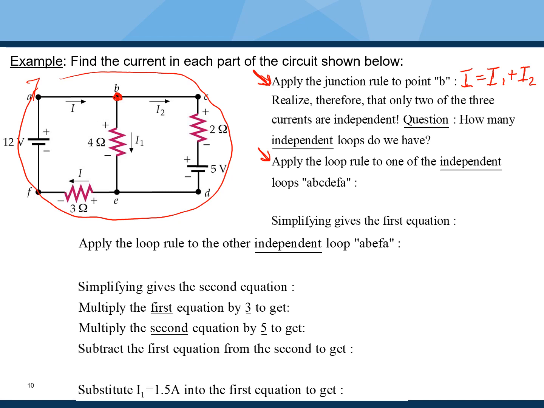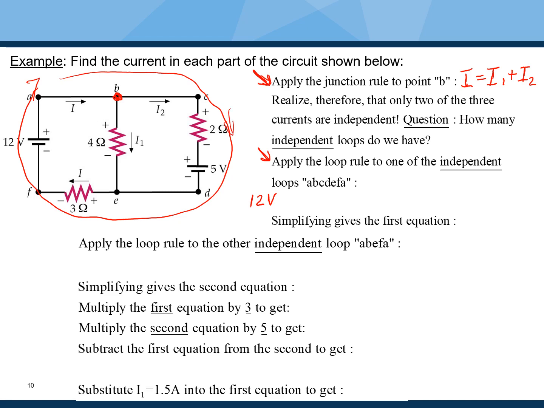So let's go ahead and start at F and go through the battery. So we have a voltage change of plus 12 volts because we're going through this battery in the conventional direction. So we're going from F to A. Then we can zing from A to B and B to C with no further voltage change. But then from C, we're going to go downward in this leg of the circuit.